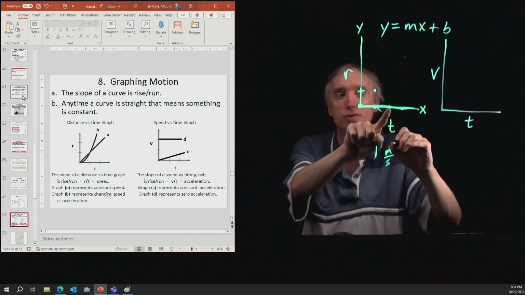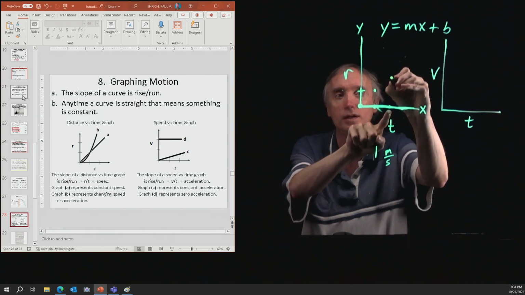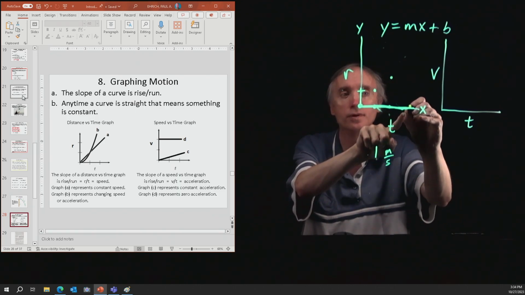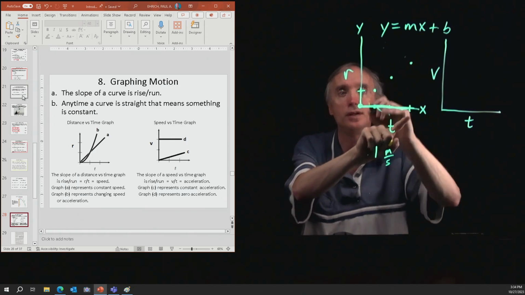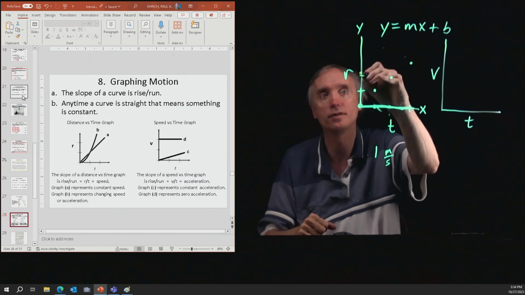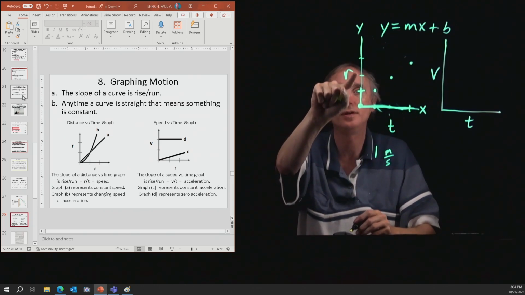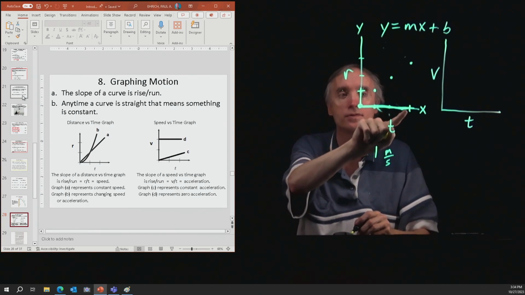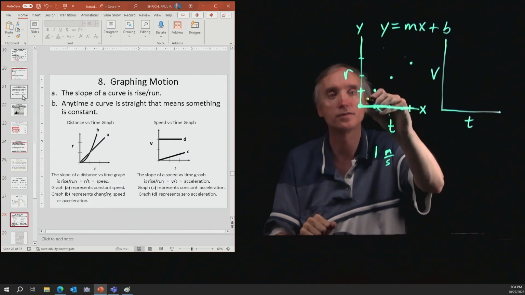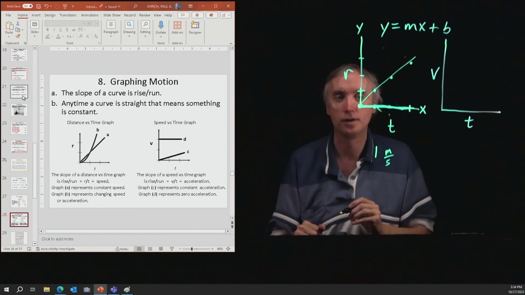At the end of 2 seconds, it would be at 2 meters. And at the end of 3 seconds, it would be at 3 meters. So I'm trying to draw this so that we've got 1 meter, 2 meters, 3 meters, and 1 second, 2 seconds, 3 seconds. If we connect it all together, we get this.